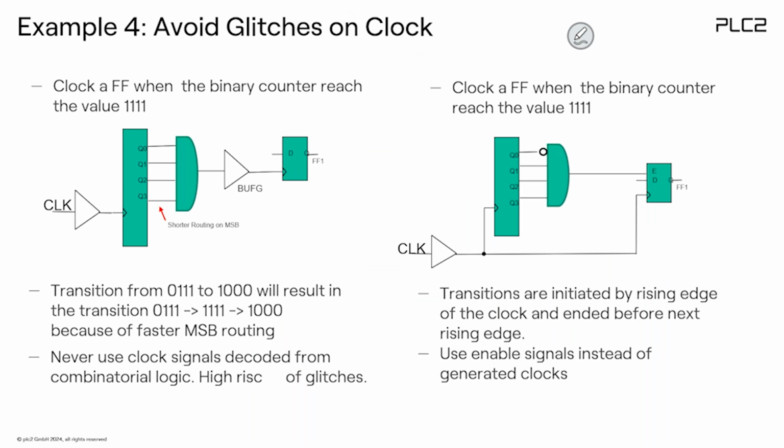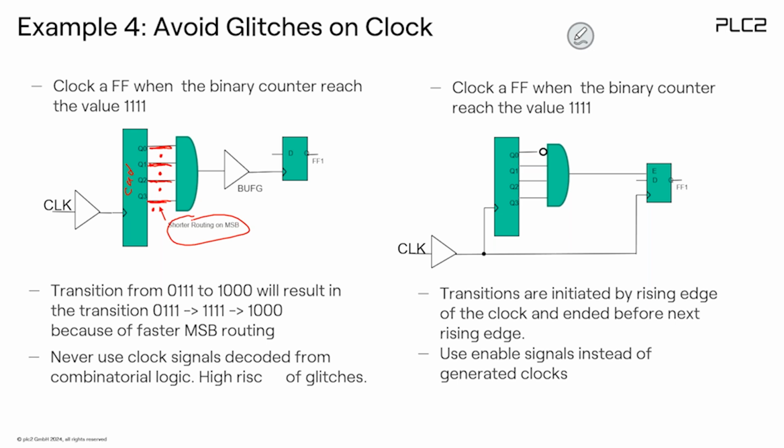Also, this one. Let's assume you have a counter, and you would like to register some value if the counter reaches the value 15. This means 1111. Usually you could do this. But let's assume that we are routing these elements. This means the delay here is different than the delay here, different than here, different than here. Let's assume we do have a shorter delay on this.